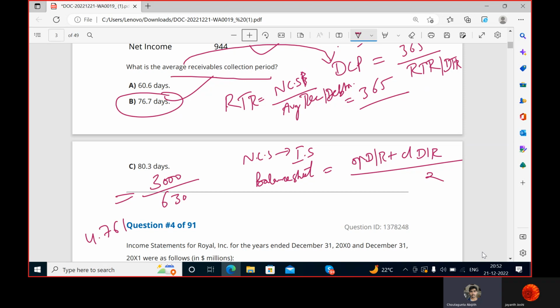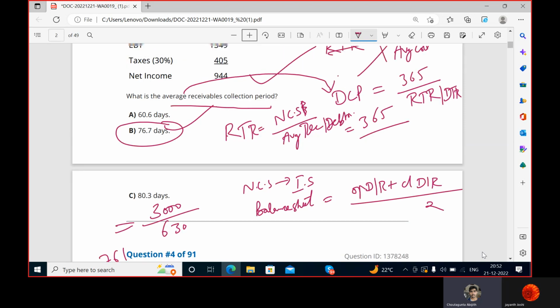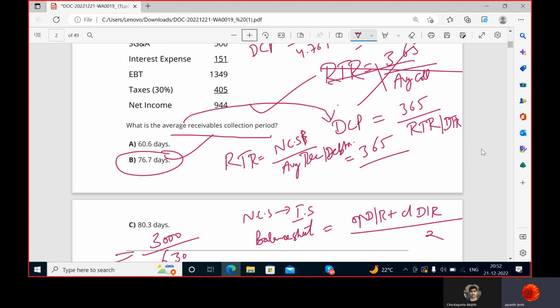First we went with the receivables turnover ratio, which is net credit sales by average debtors. Net credit sales is given as 3000, and average debtors we calculated with 600 plus 660 by 2, which gave us 630.